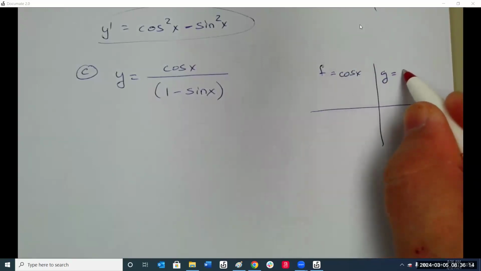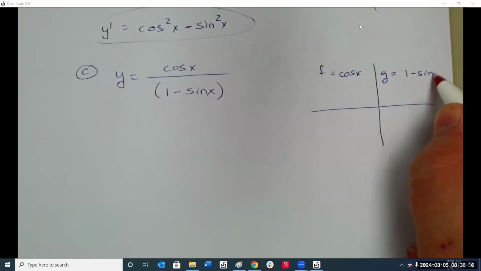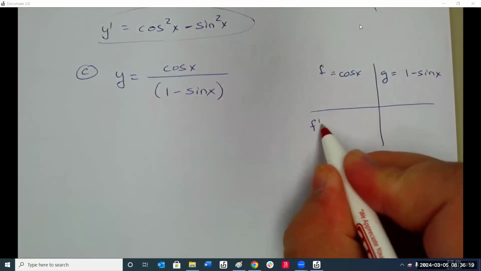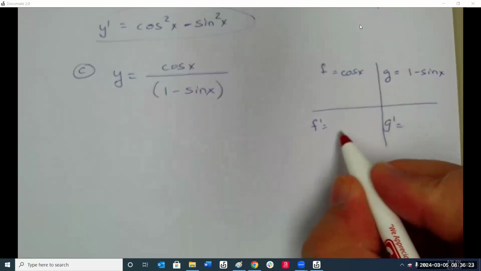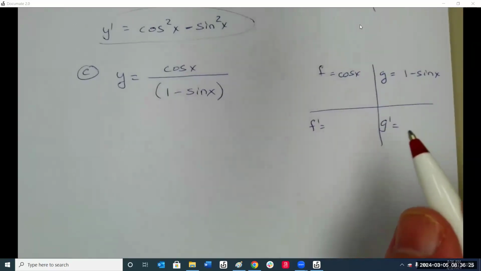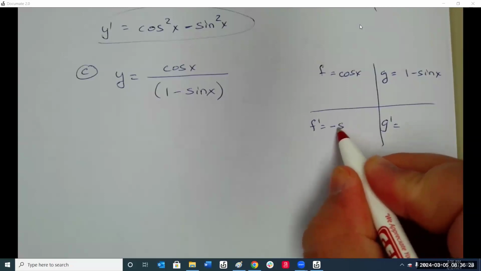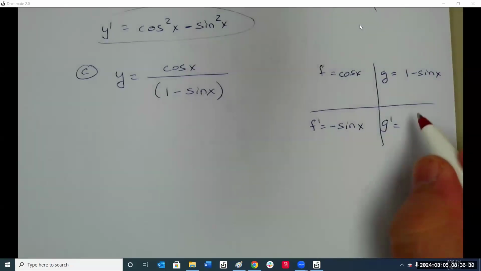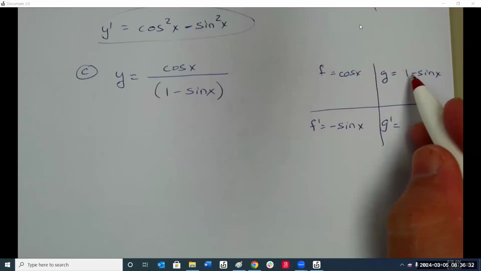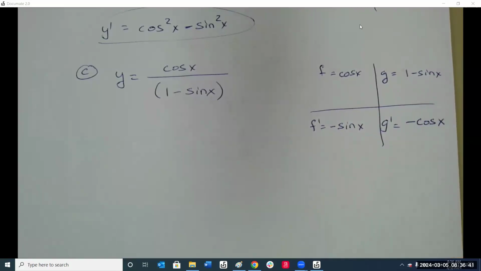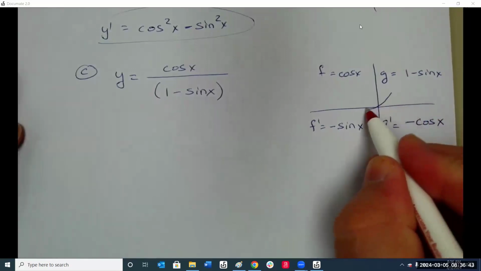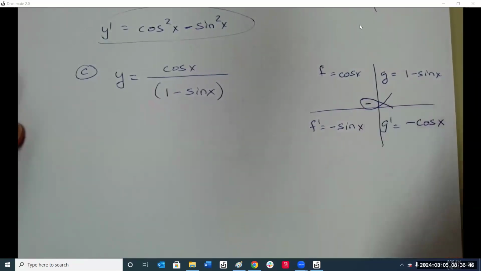Cosine of x, 1 minus sine of x. The derivative of cosine is negative sine. The derivative of 1 is 0 minus derivative of sine, cosine. So it's a quotient rule. So we subtract.